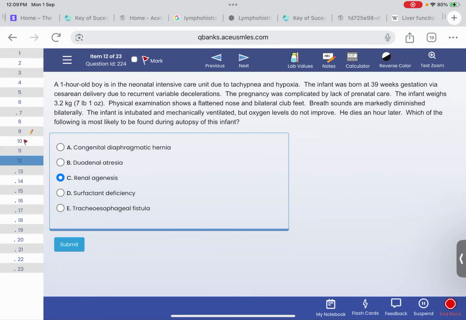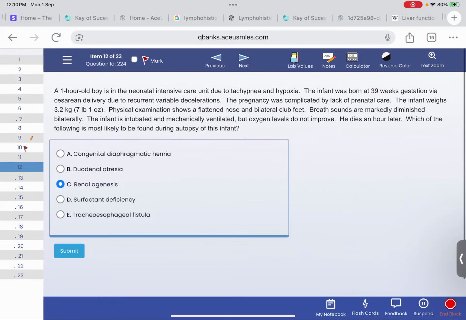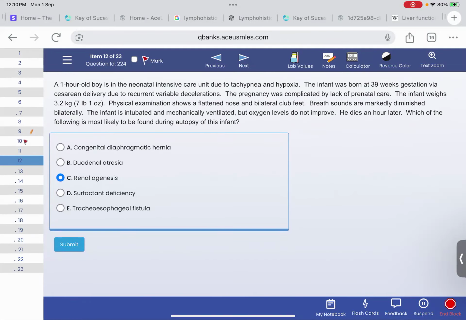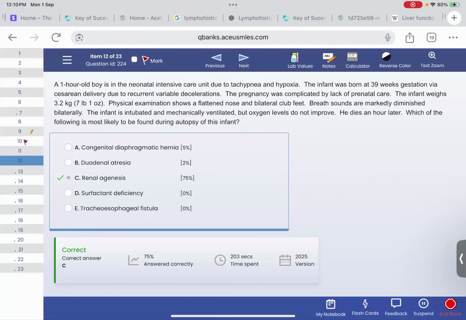The diaphragmatic hernia would cause pulmonary problems, but it would be unilateral. You're right. But from the stem, we have flattened nose and bilateral club feet. They don't cause that, right? And that's due to oligohydramnios from renal agenesis.